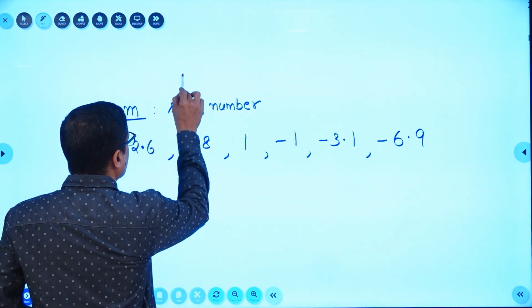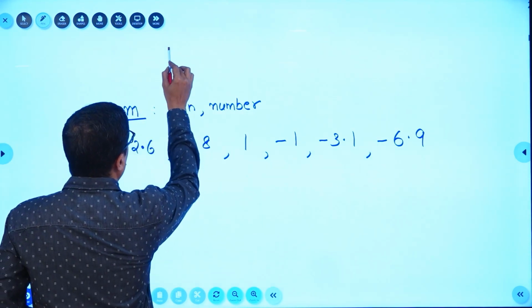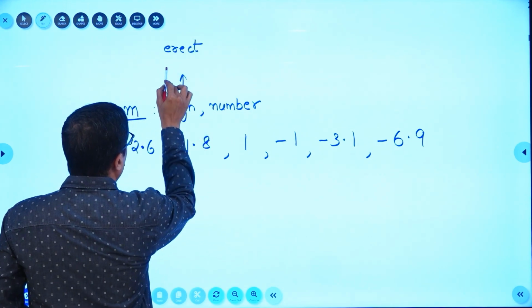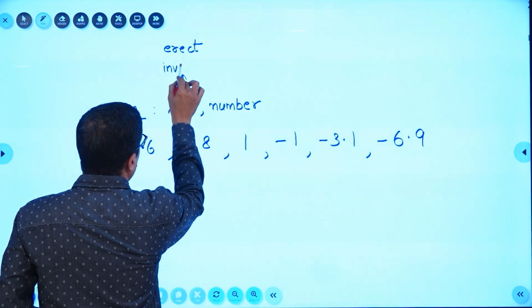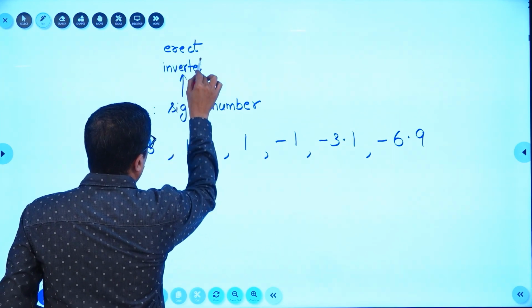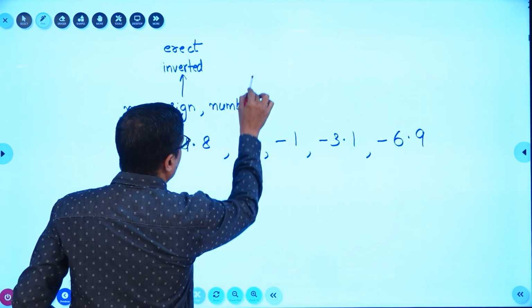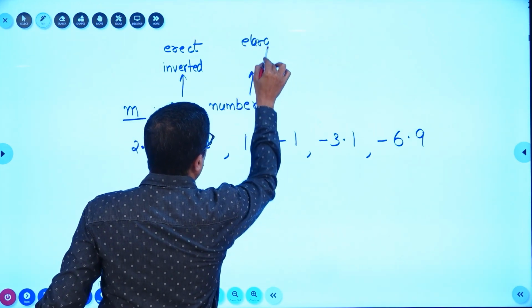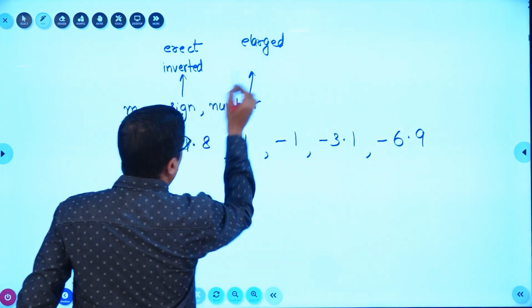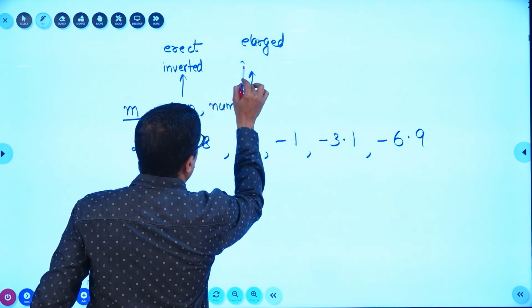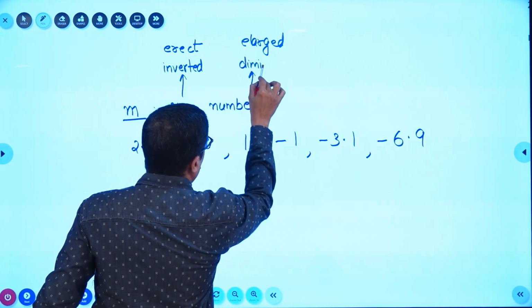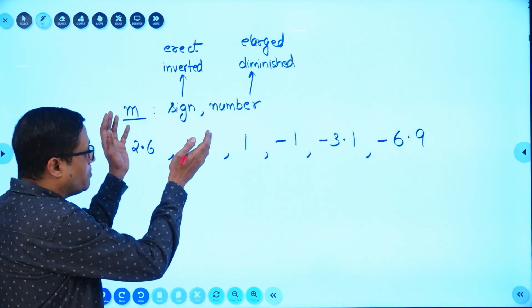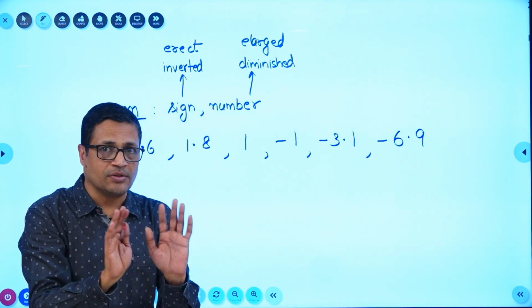The sign tells us whether the image is erect or whether the image is inverted. And the number tells us whether the image is enlarged or whether the image is diminished. So both should not be clubbed and viewed as one unit. We should never do that.